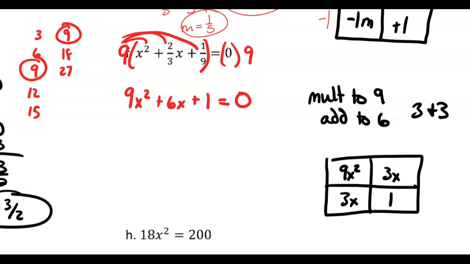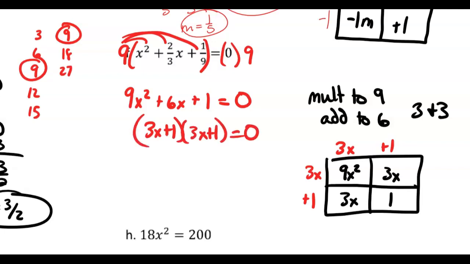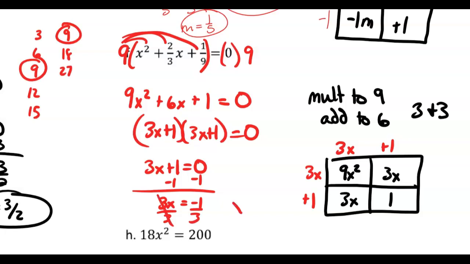Okay, let's factor out the GCF. I have 3x plus 1 and 3x plus 1. All right, so there's my factors. Now, notice they're the exact same parentheses, so you really don't have to set them both equal to 0 because they're identical. So we can go ahead and subtract the 1 and divide by 3, and I get negative 1/3.